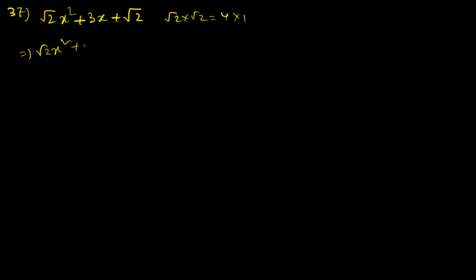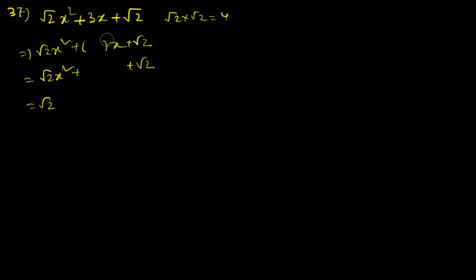Root 2 x square, 4 minus 1 times x plus root 2. So root 2 x square plus 4x minus x plus root 2. I can take root 2 common. So I will be having, okay, so 4 minus 1 actually will not work. So I have to change it.